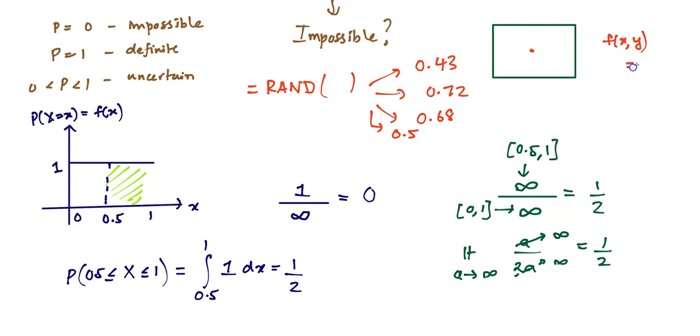Let's not get too much into the details, but it would be 1 over the area of the board. Now, what is the probability that you hit exactly the bullseye? Well, there are infinitely many points on the board, out of which you want one point exactly. And so by the same logic that we saw here, that is going to equal 1 point over infinitely many points, and that's going to be 0. And yet, that's a possible outcome, right?